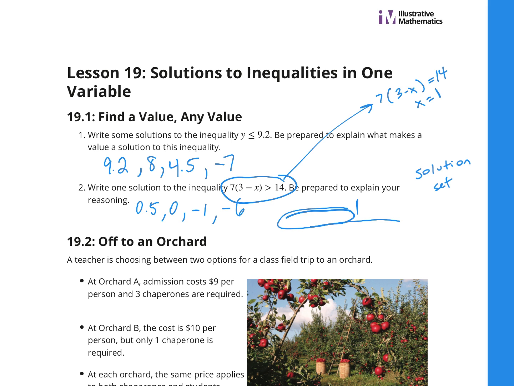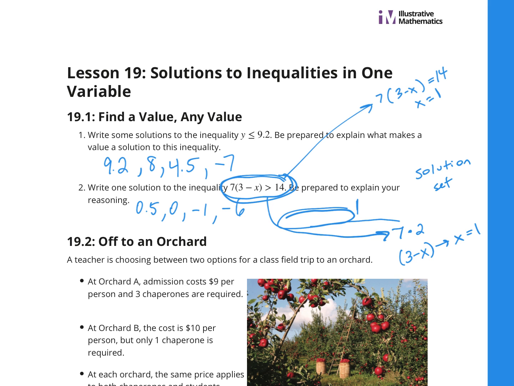Now, another reason why we know that the solution set is the numbers less than 1 is because in order for this to be exactly equal to 14, we know that we need to do 7 times 2. In order for 3 minus x to be equal to 2, we know x has to be equal to 1.